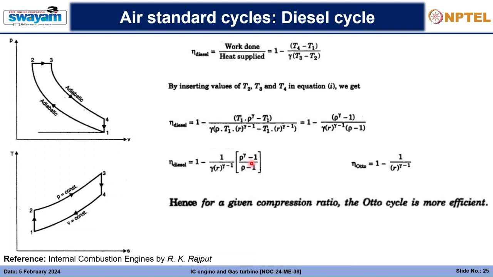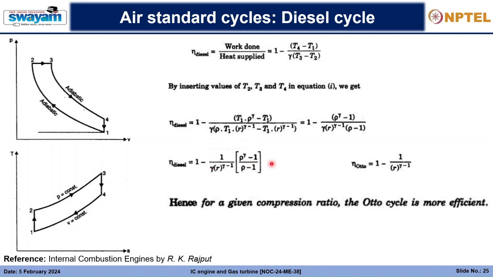If you compare it with the Otto cycle, the factors determining the efficiency are, for Otto cycle, only the compression ratio, whereas in the diesel cycle the cutoff ratio is also important, and it is scaling up this negative term, as you can see.